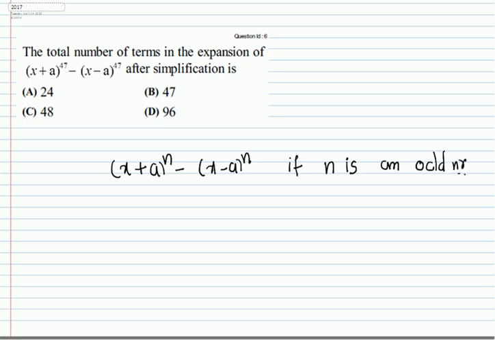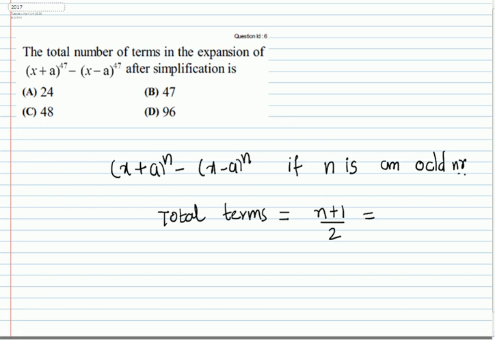The total number of terms in the expansion of (x + a)^47 minus (x - a)^47 after simplification is. For this we have a standard identity: for (x + a)^n minus (x - a)^n, if n is an odd number, then the total number of terms after simplification is (n + 1)/2.